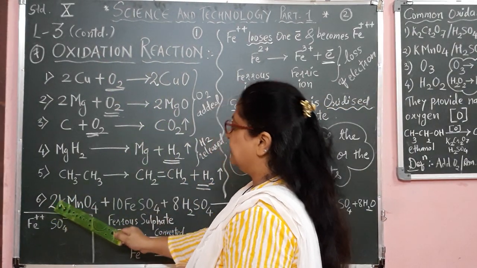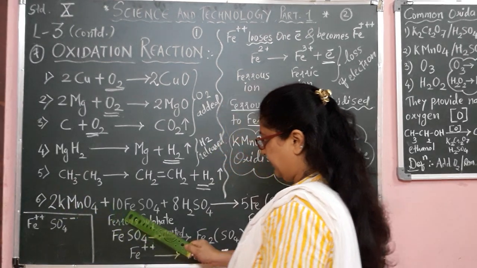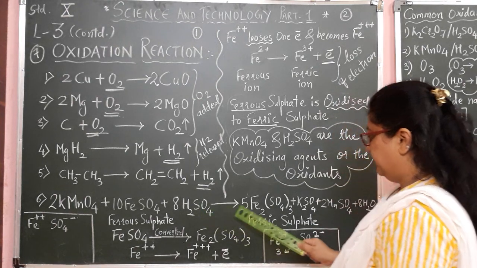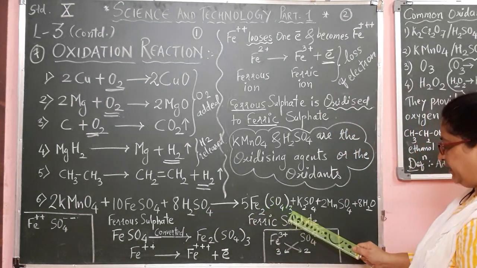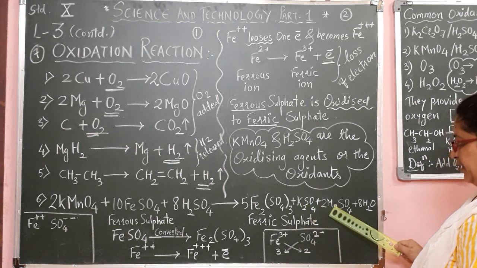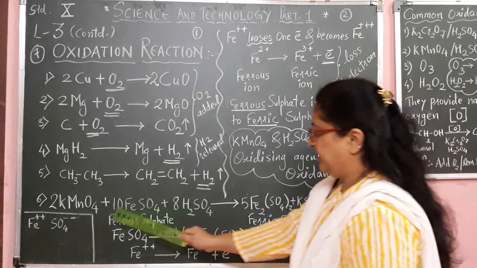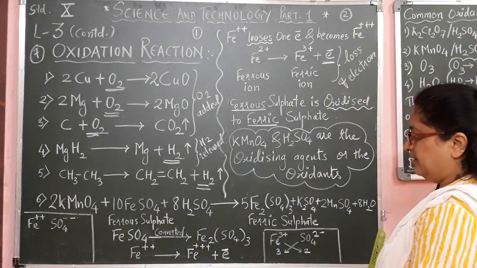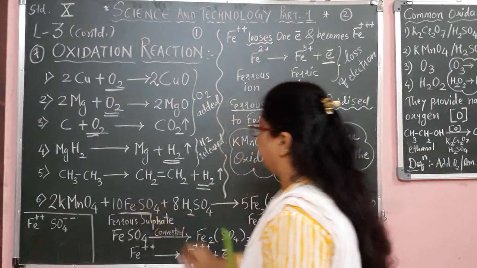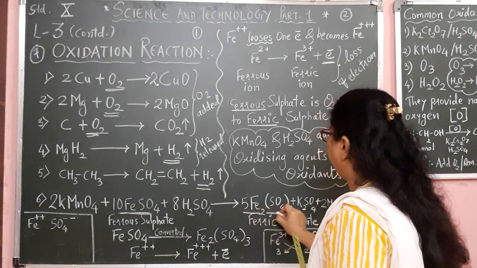Similarly, now consider this reaction: KMnO4 + FeSO4 + H2SO4 = Fe2(SO4)3 + K2SO4 + 2MnSO4 + H2O. Now observe this reaction. In this we will notice that the ferrous sulfate is converted to ferric sulfate.